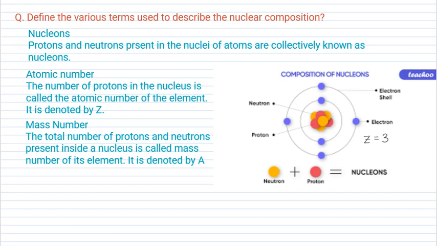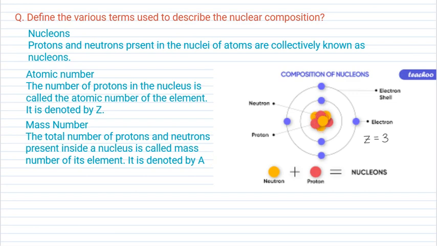Now the next one: the total number of protons and neutrons present inside the nucleus is called the mass number of the element, and it's denoted by capital A. So in this case, let us again look inside the nucleus. Now inside the nucleus, what particles do you have?